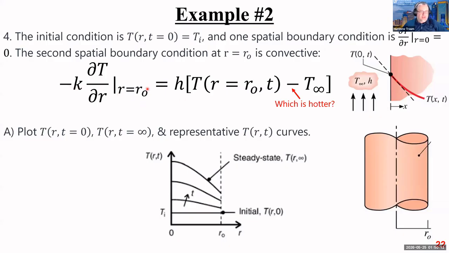Okay, so we've got this equation, and then I've just got my little reminder to myself, which is hotter. In this case, the wire is going to heat up and be hotter than the ambient environment. So this temperature, which is the temperature of the outside surface of the wire at any time, is going to be hotter than T infinity. And so this term leads and this term follows.